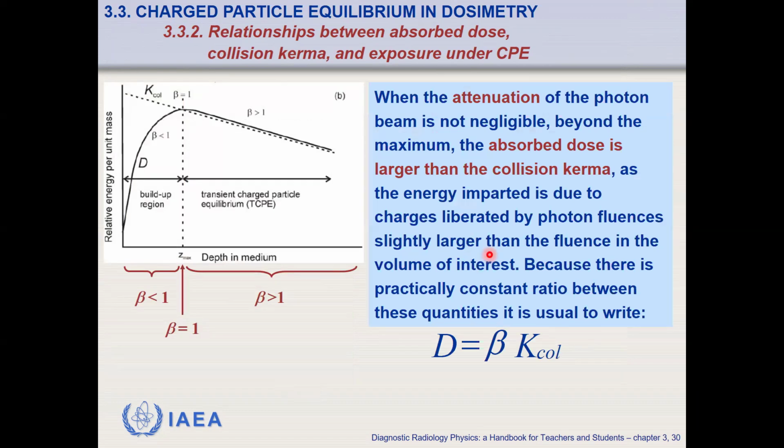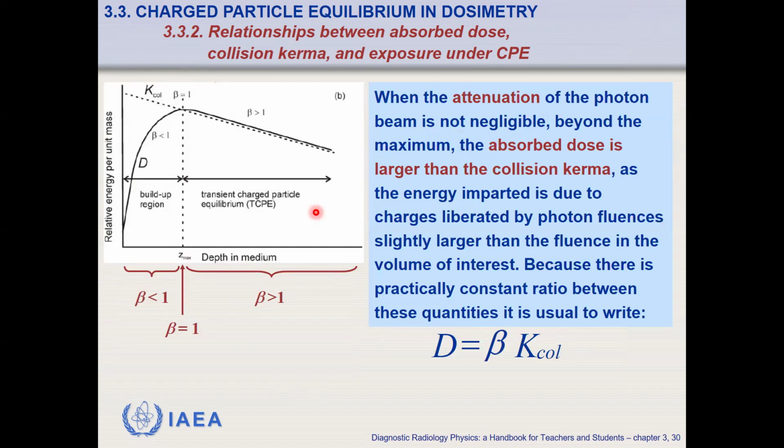Now, when the attenuation of the photon beam is not negligible beyond the maximum, the absorbed dose is larger than the collision kerma. The absorbed dose in this case, if we have attenuation of the photon beam, when the attenuation is not negligible, the absorbed dose is larger than the collision kerma.